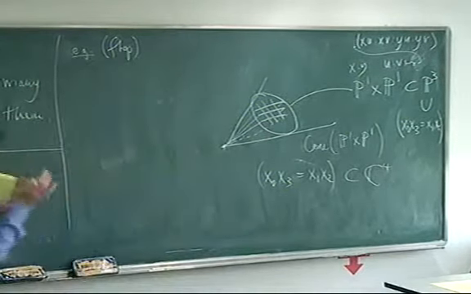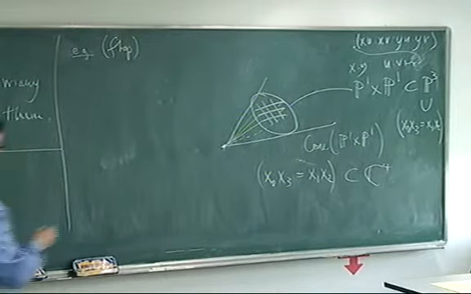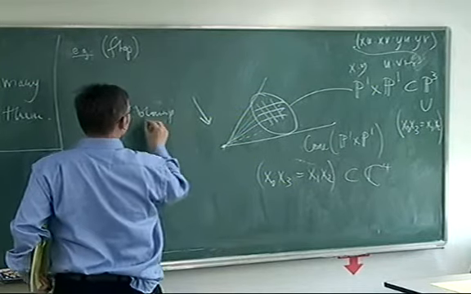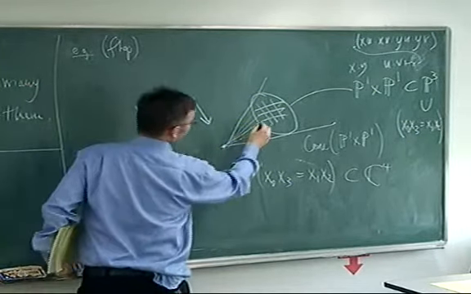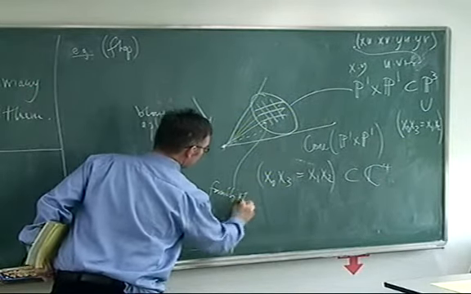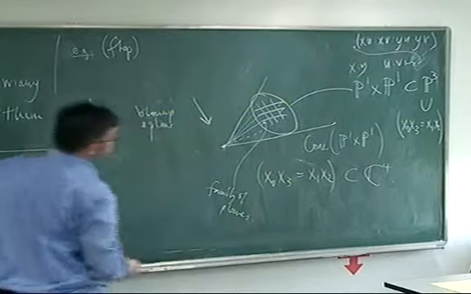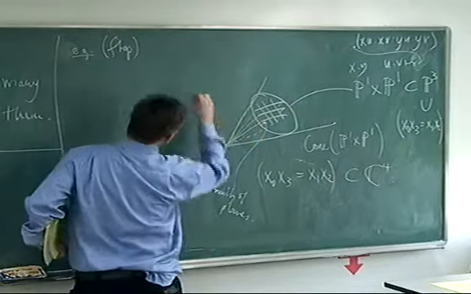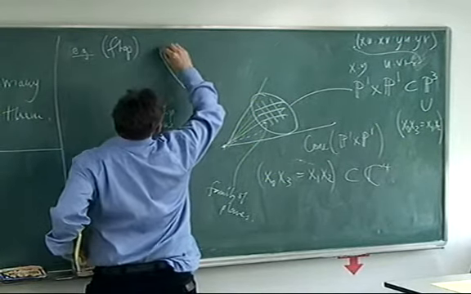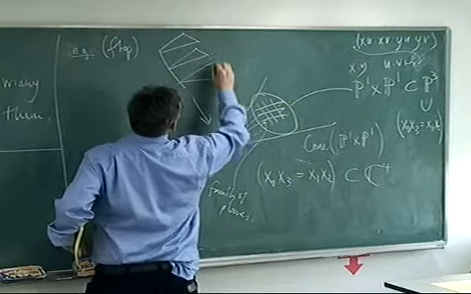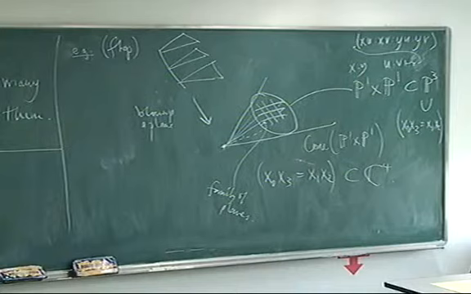And if I release them by blowing up these planes, so blow up a plane, then this P1 of family of planes will be separated out into a kind of disjoint one-parameter family of planes.